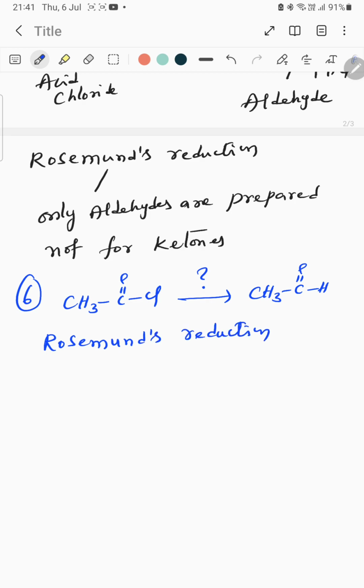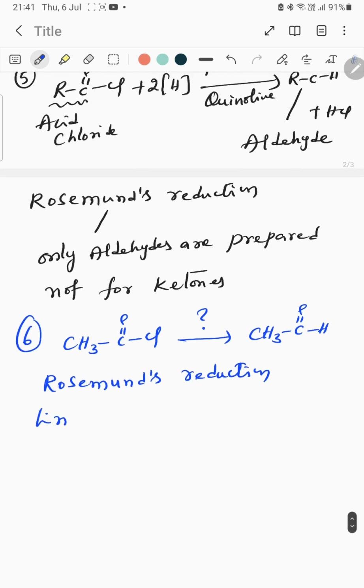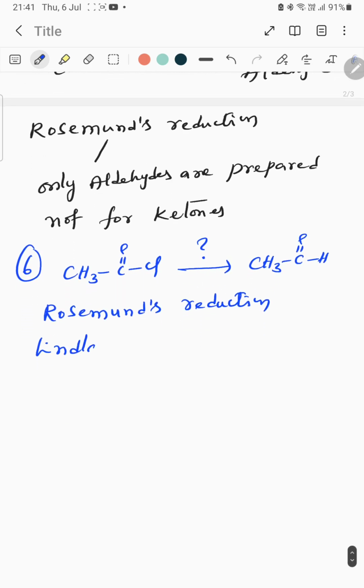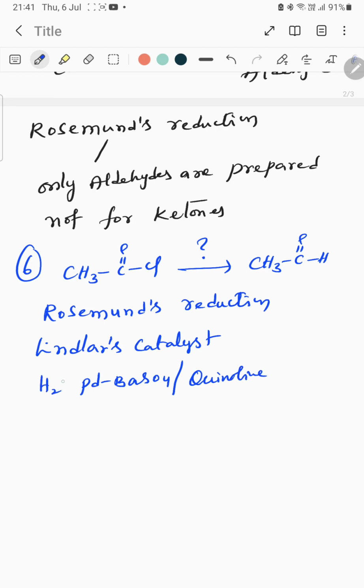The required reagent is palladium by barium sulfate with quinoline, that is called Lindlar's catalyst. Pd, BaSO4 by quinoline. Reduction is required, that's why H2 is also required. H2 or 2H, no problem.